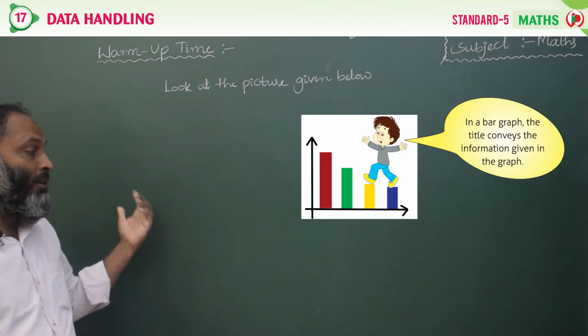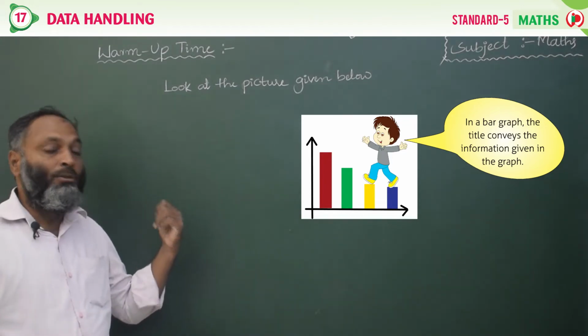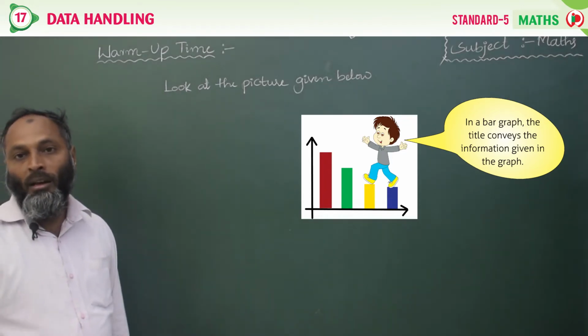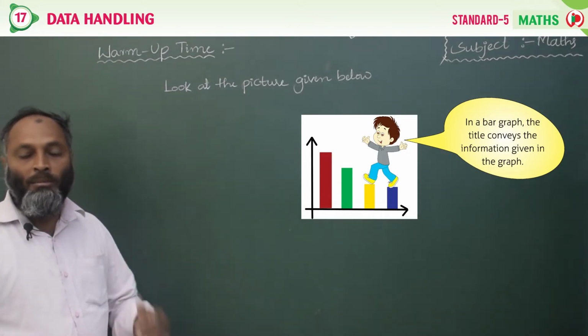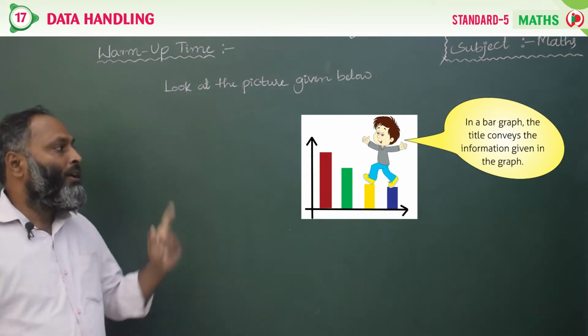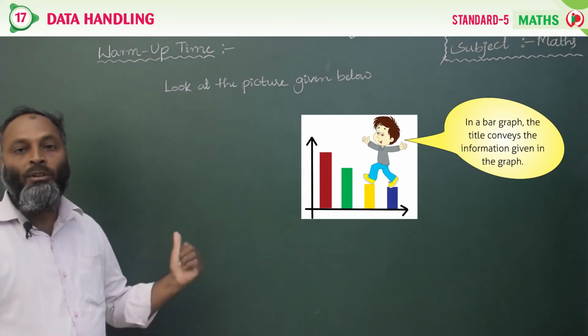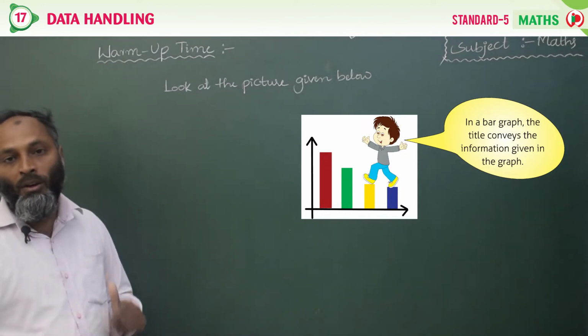Suppose school data is given, then this bar represents school information. If population is given, this bar shows population information. Whatever information is given, we can show that information using bars. Okay students.